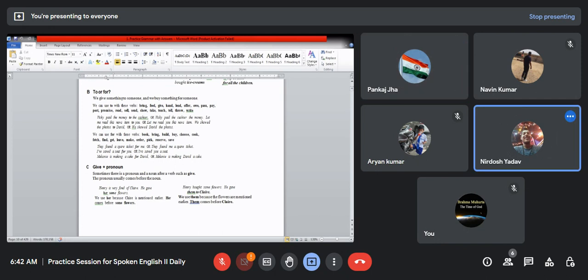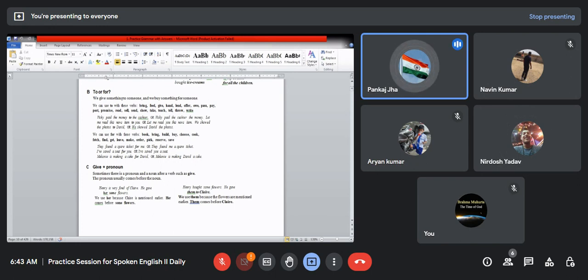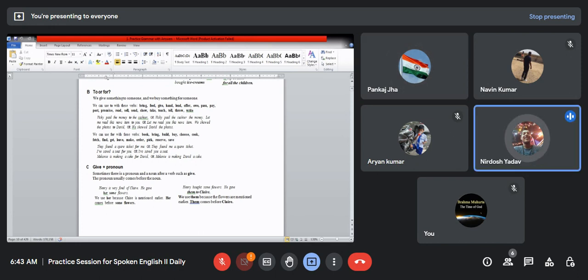How is the response of the people to this book? Only Pooja ma'am is joining every day. Naveen is joining every day. Surender sir is also joining every day. And after all, people are resting now. Doesn't matter, sir.